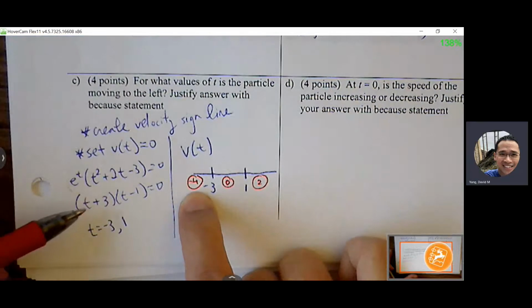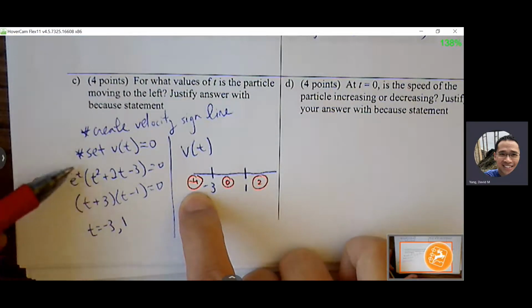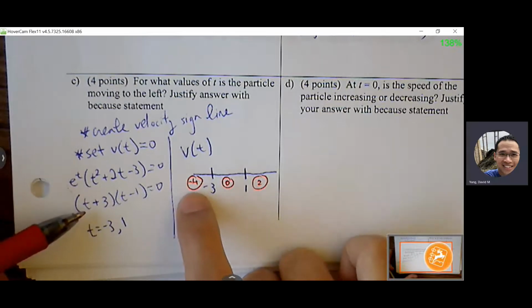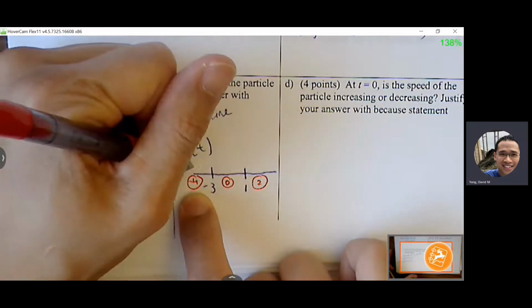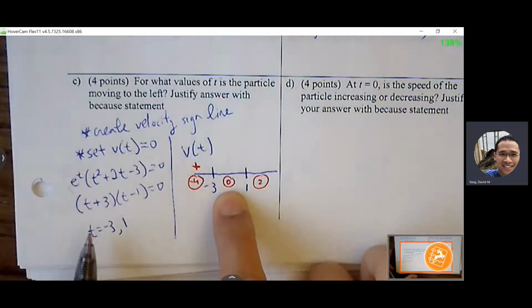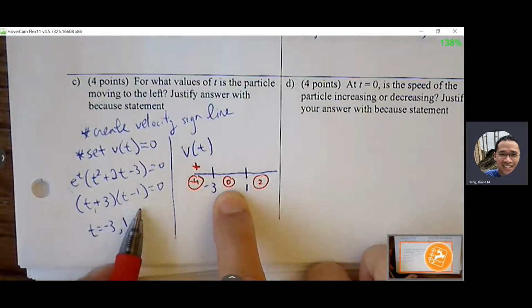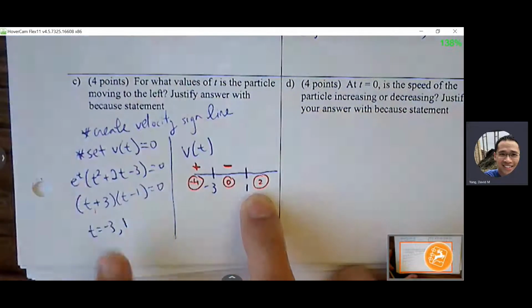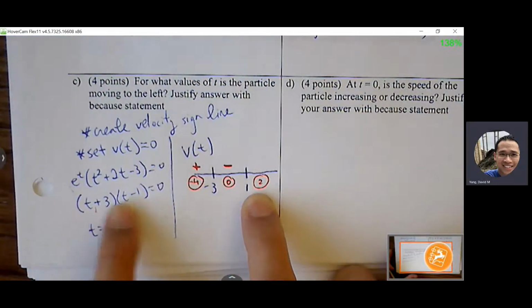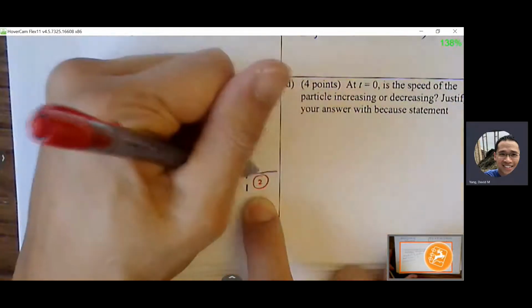Plug -4 into the velocity function. You know that e to the t is always going to be positive. So -4 plus 3, that's negative. -4 minus 1 is negative. Negative times negative is positive. 0: 0 plus 3 is positive. 0 minus 1 is negative. Only 1 negative. 2 plus 3 is positive. 2 minus 1 is positive.